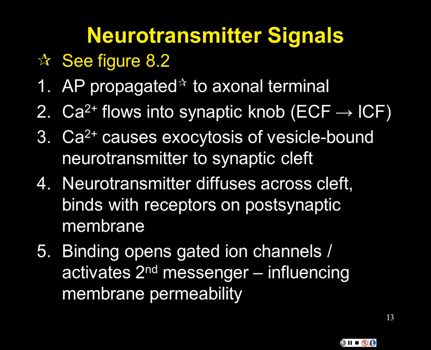But what happens is calcium is going to initiate exocytosis of those vesicles, which allows for the release of neurotransmitter, and it just diffuses, collides with its receptor at the postsynaptic cell. And then what we learned is, right, we open or close gated ion channels or activate a second messenger system.